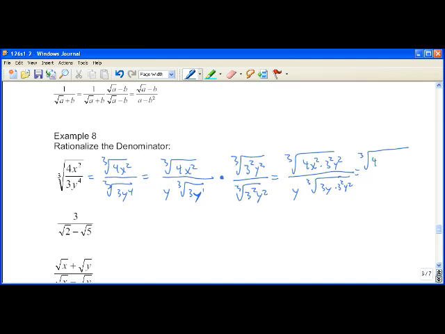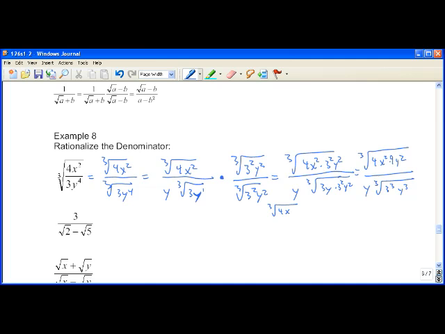So it's 4x squared times 9y squared. Down below, we have the y out front. 3 times 3 squared is 3 cubed. Hey, look, their powers match. That can come out now. Y times y squared is y cubed. Hey, the power matches the index. It can come out now. Not a coincidence.